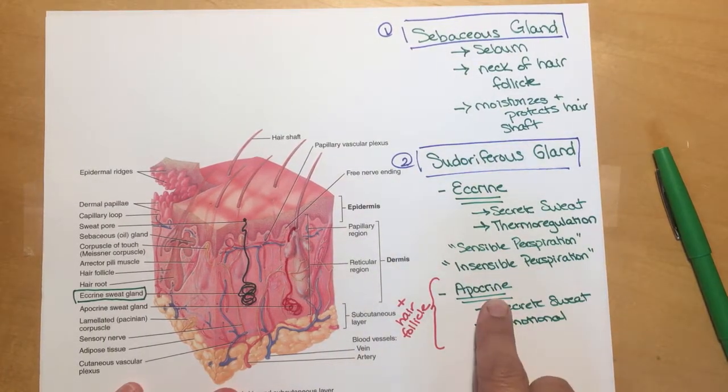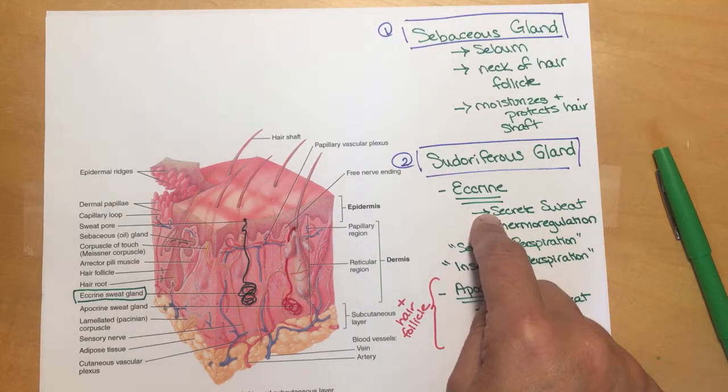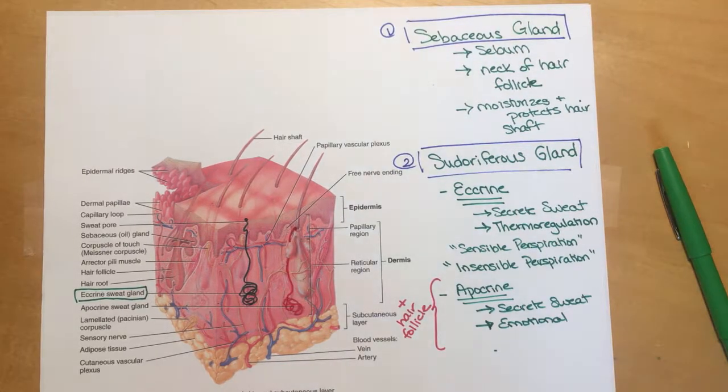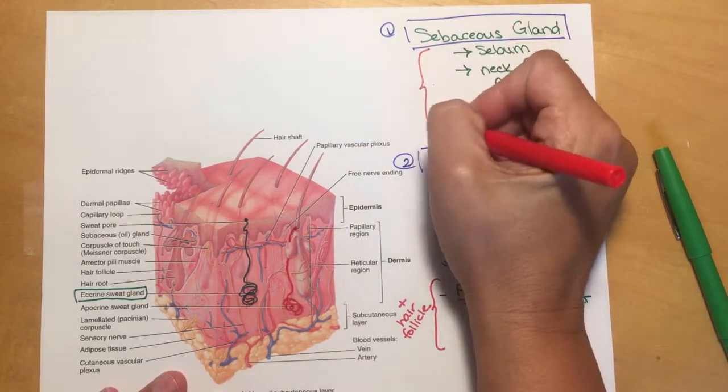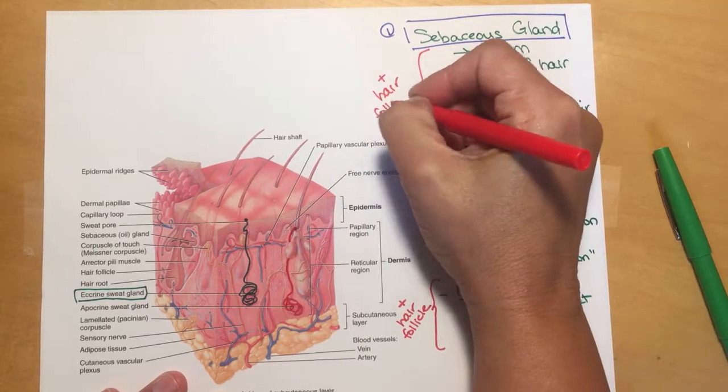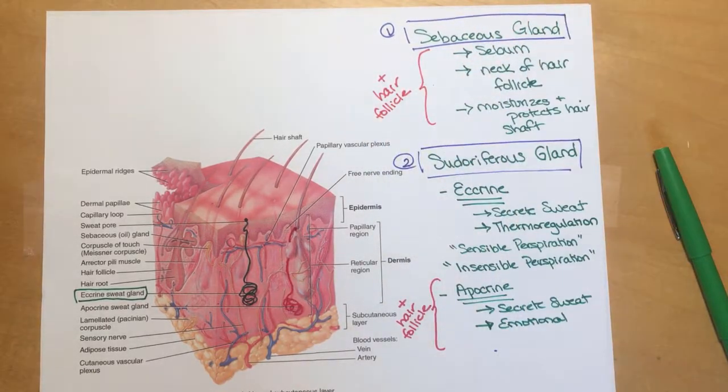So apocrine, stinky; eccrine, just sweaty, not necessarily a sexual sweat, but just a thermoregulatory sweat. Okay, so sebaceous gland is associated with hair follicle. I'll put that in. Their job is to moisturize and protect that hair so it doesn't break off.